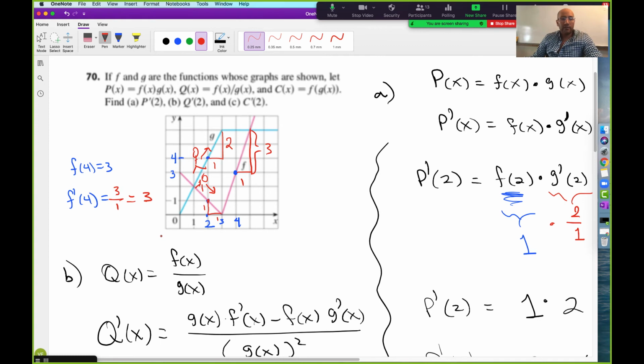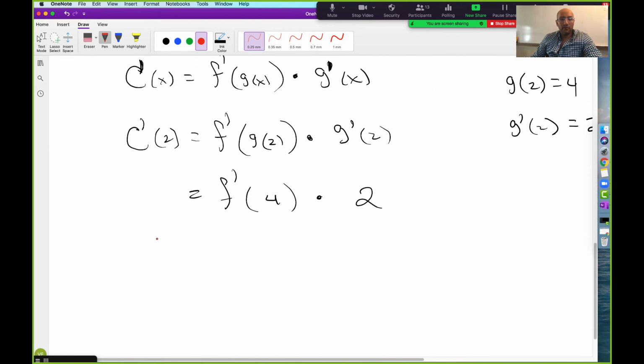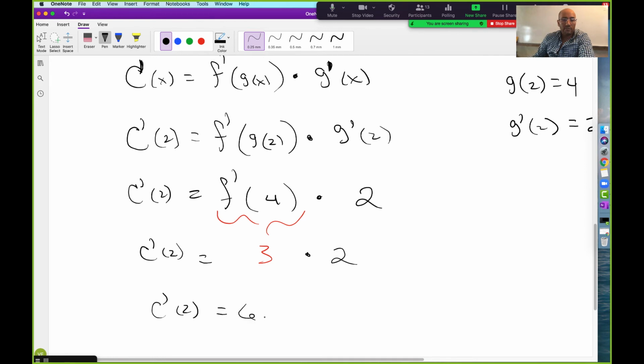So that is going to be a 3. Coming back down here, this is going to be 3 times 2. So my final answer, c prime valued at 2 equals 6.